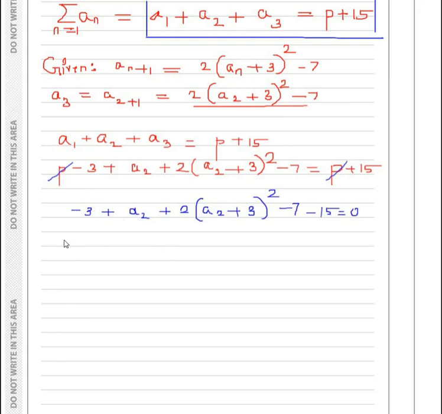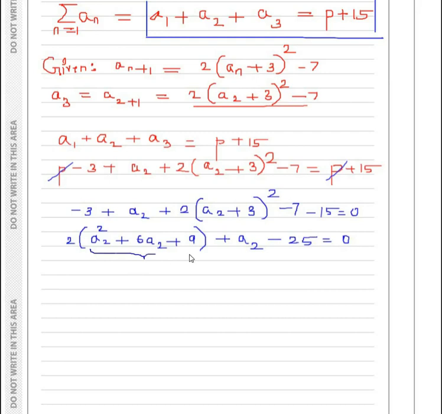So solving this, we get 2 times, expanding the brackets, a2 square plus 6a2 plus 9, plus this a2, minus 3 minus 7 is minus 10, and minus 10 and minus 15 is minus 25 equals 0.